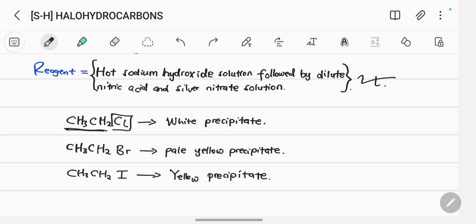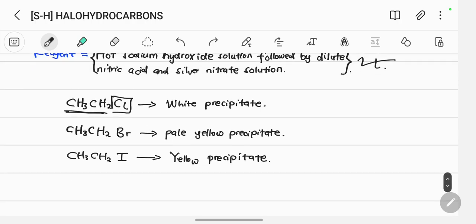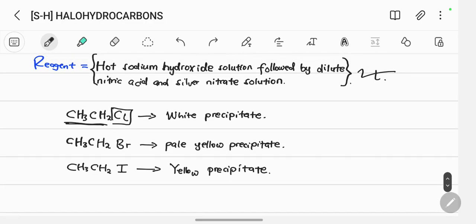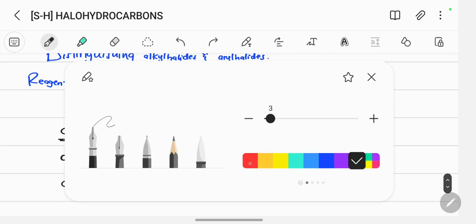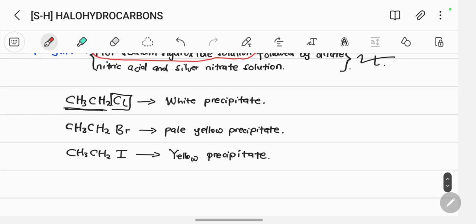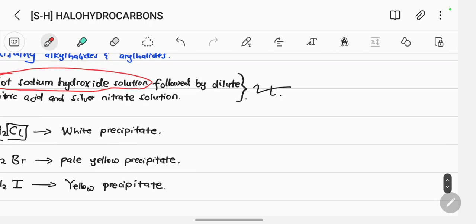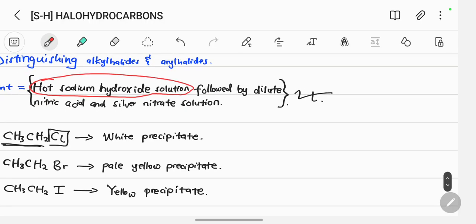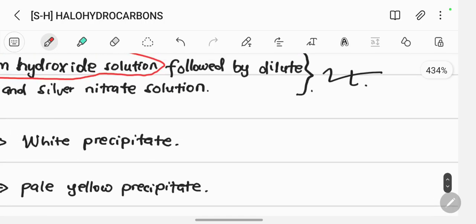Okay, let me first try to explain something here. When we look at this hot sodium hydroxide solution, the purpose of that sodium hydroxide solution is to displace the halogen.